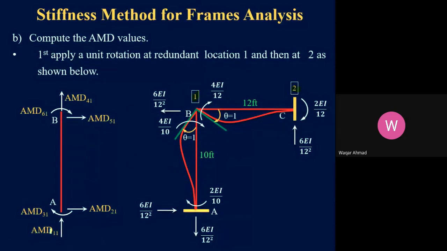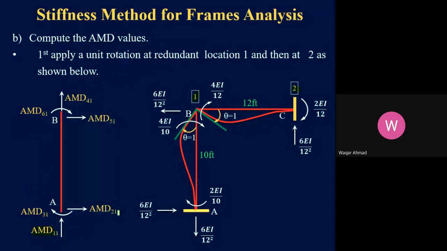So what values am I going to take? As you know, our AM1 was here. It means our AMD1 should also be here. As you know, we located our AM2 to be acting here in this direction.